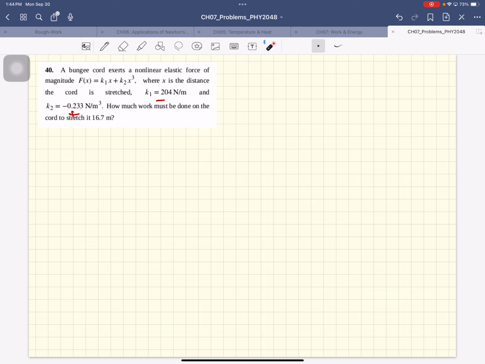And there is the nonlinear term. So there's the coefficient of the nonlinear term. How much work must be done on the cord to stretch it 16.7 meters? Okay. So that is the bungee cord. The force that's applied by the bungee cord is this.